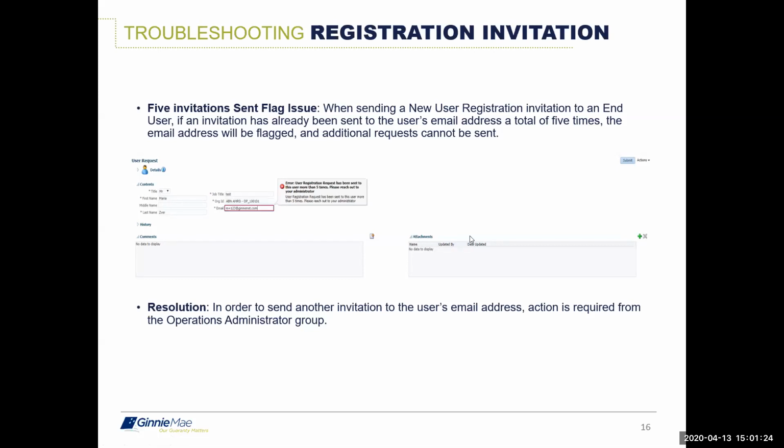Hopefully, we won't get to that part, but if you have already sent 5, that person has not responded, and you're trying to send the 6th one, then you would have to get in touch with us at BNY Mellon to help you clear that up. So the resolution for this one is, in order to send another invite to the user's email address, action is required from the operation admin group. We would have to do some magic behind the scenes to clear out those initial requests and allow you, the org admin, to send that invite to the end user. Next slide, please.